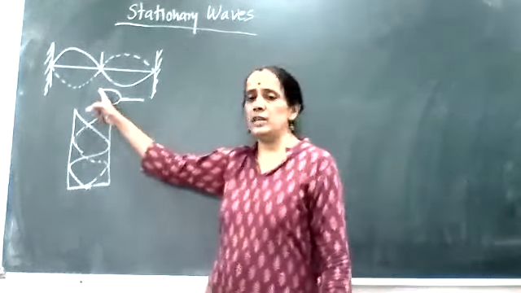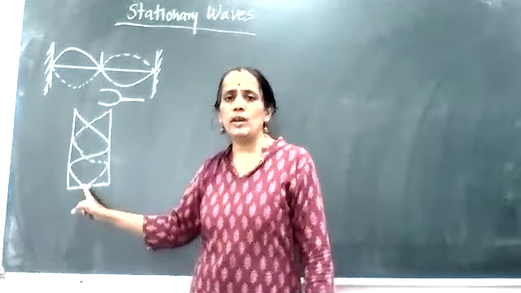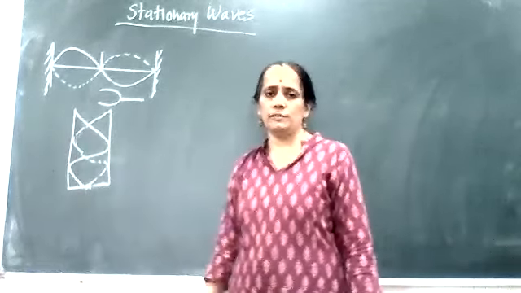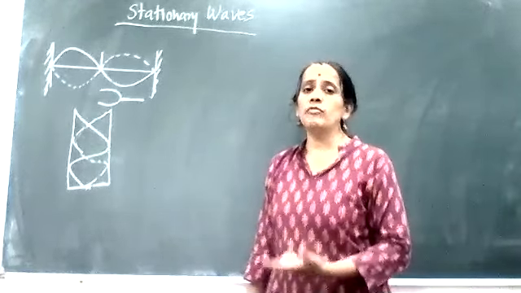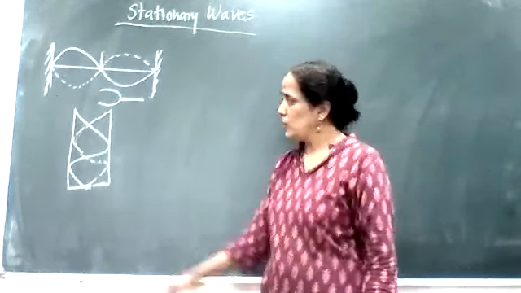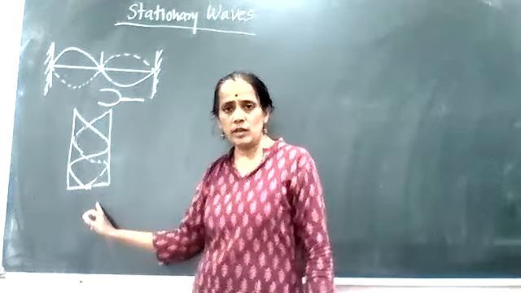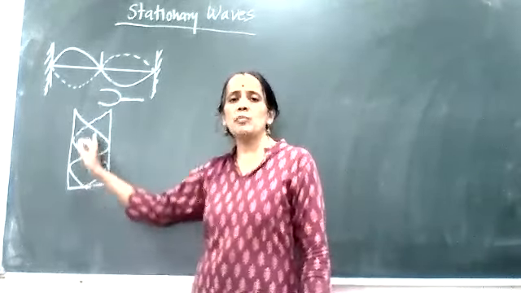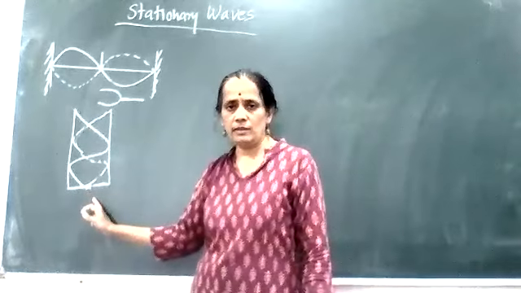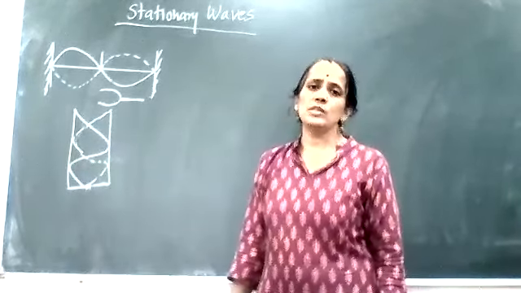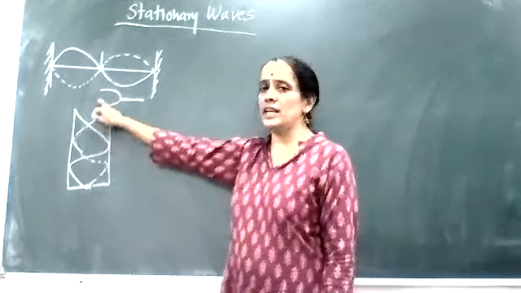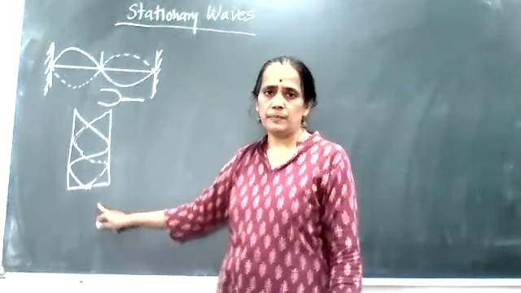So here what happens? Two sound waves will get superimposed on each other. Sound waves are nothing but a type of longitudinal wave. So when two longitudinal waves get superimposed on each other inside the pipe, which is closed at one end, we will get a stationary wave pattern.